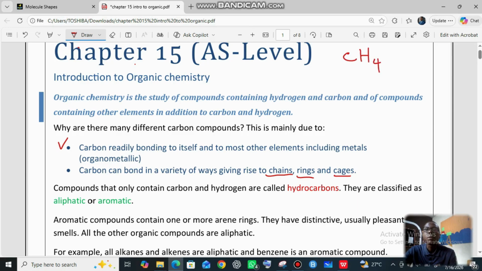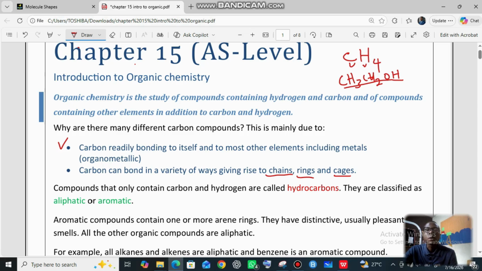You can also have compounds that contain carbon, hydrogen, and other elements, such as this one, which contains carbon, hydrogen, and oxygen. Compounds that contain these are referred to as organic compounds.